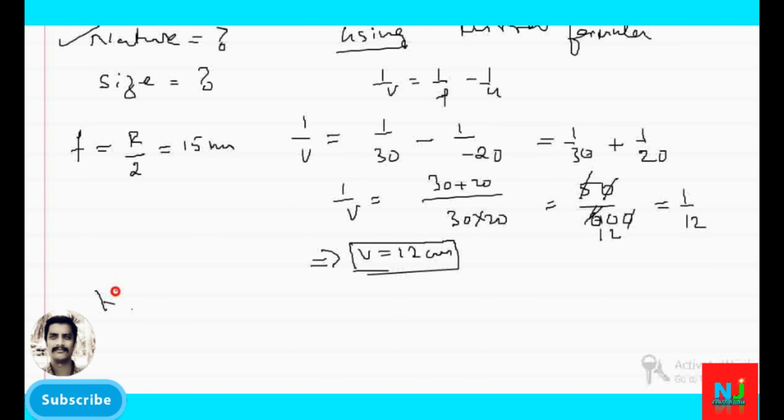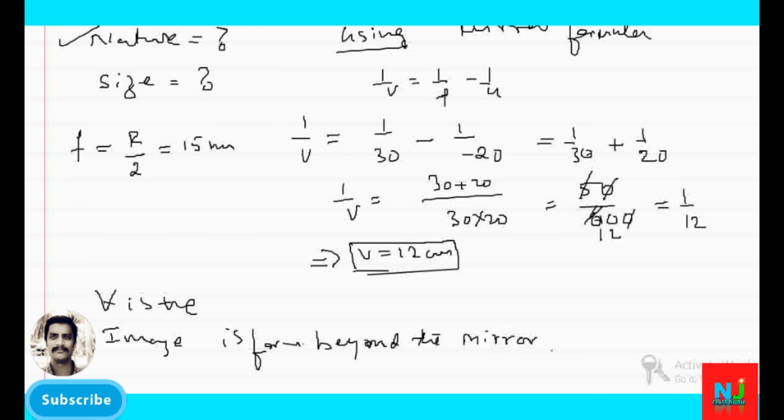Where is the image formed? The image is formed behind the mirror, at a distance of 12 centimeter from the mirror. It is simple, we have to note it down.